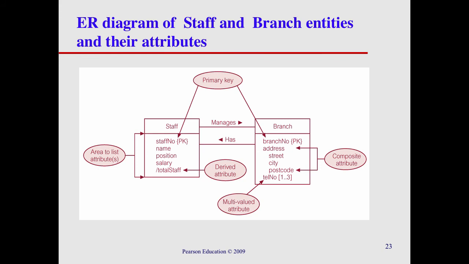Relationships are edges, either directed or undirected. If you have a relationship that's more than a binary relationship, you represent it using a what? Diamond. And attributes typically are not shown in the ER diagram, but if they are, they're shown as you see them there.